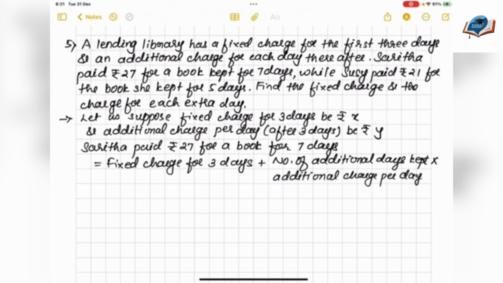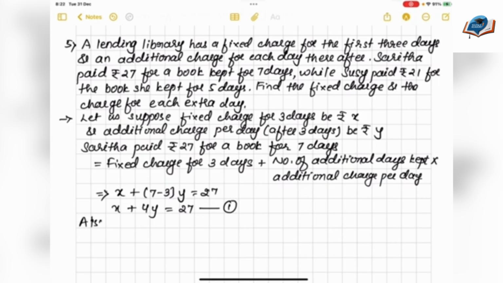So the equation will become x plus (7 minus 3) because totally 7 days and 3 days were fixed, into y equal to 27. So I can say x plus 4y equal to 27. So let me give this as first equation.